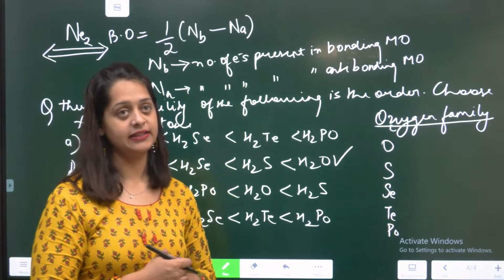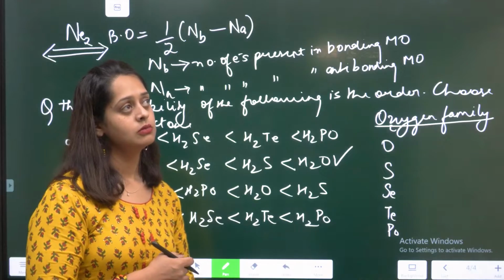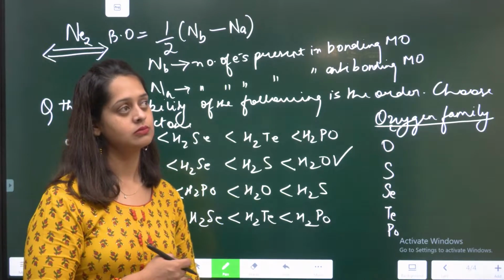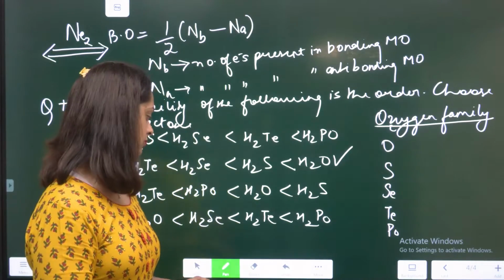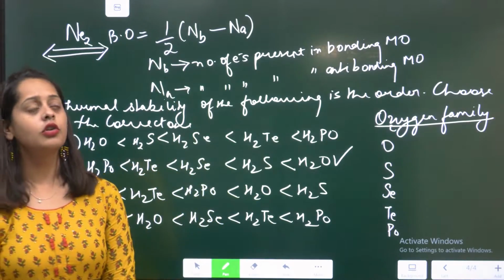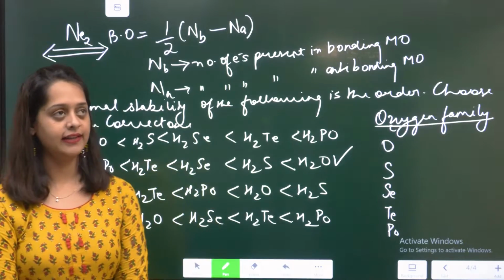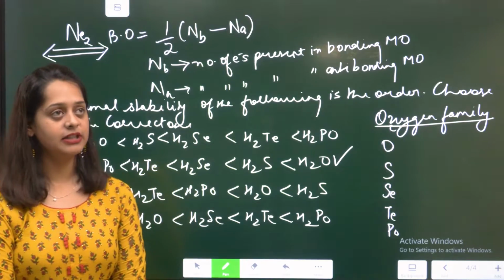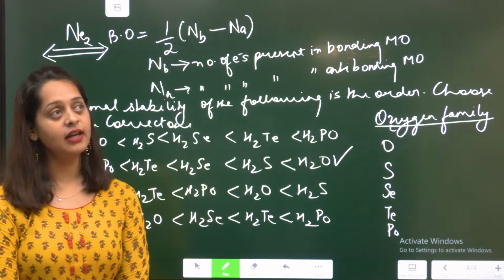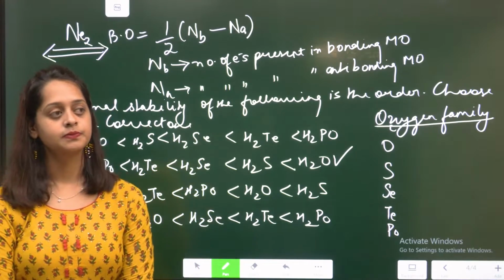So covalent character increases, thermal stability decreases. So you are saying the polarizability power will increase down the group? Are you suggesting that?